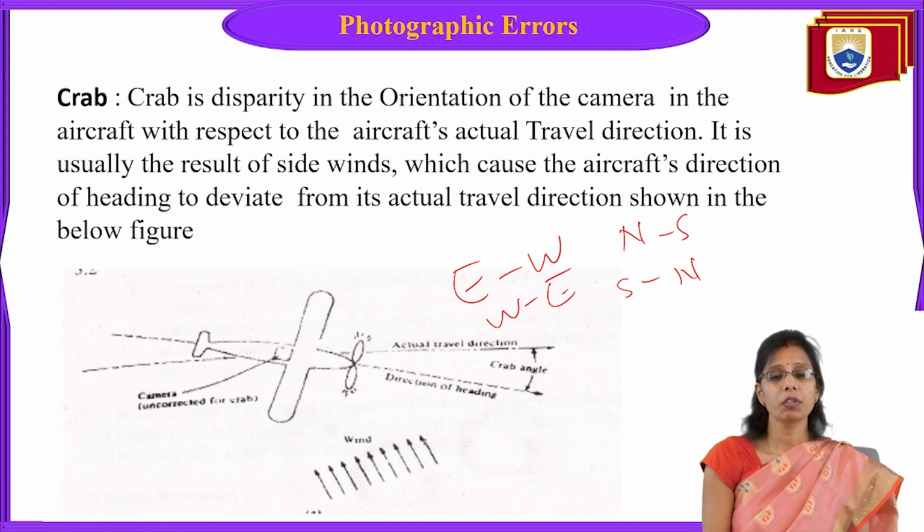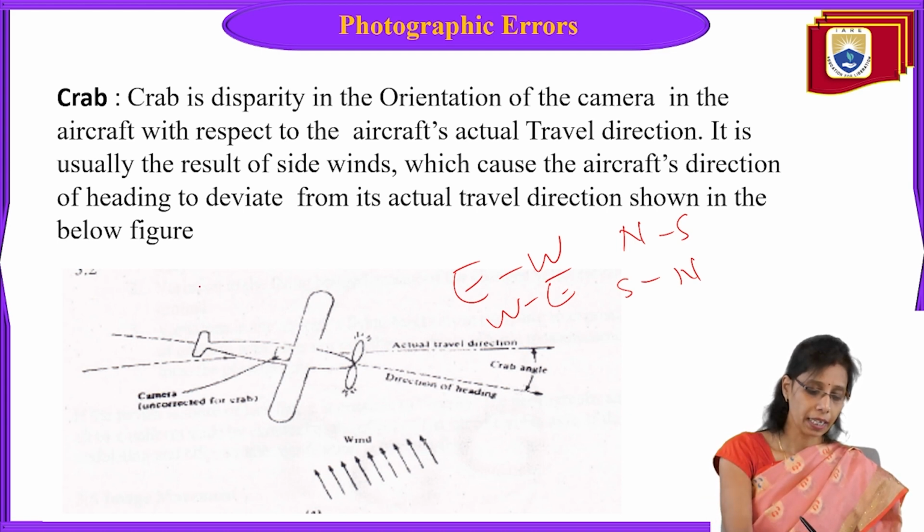Basically, the weather conditions are not the same every time. Sometimes it is sunny, sometimes too cloudy, sometimes too windy, and sometimes the sunlight is not available properly.